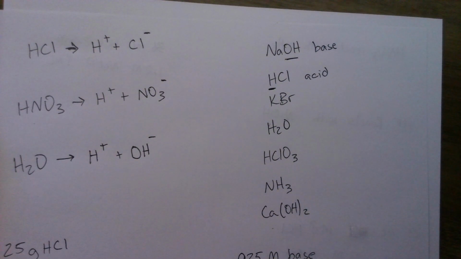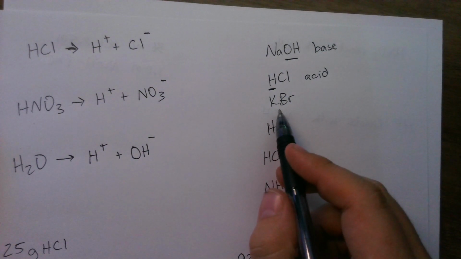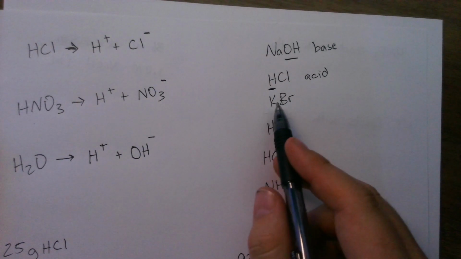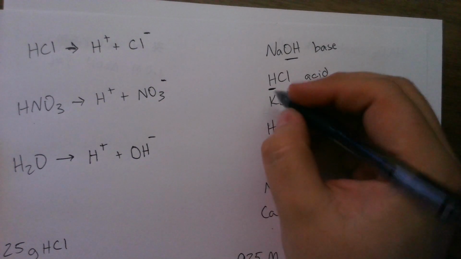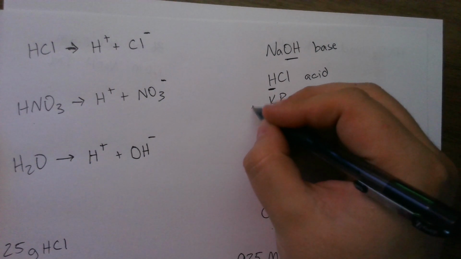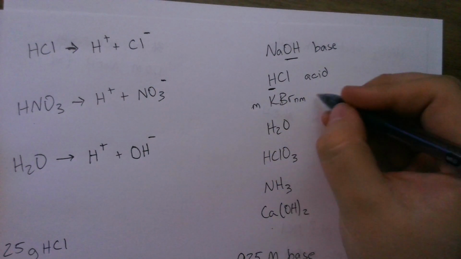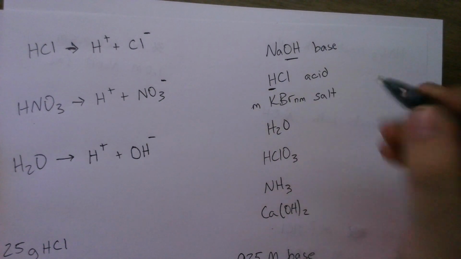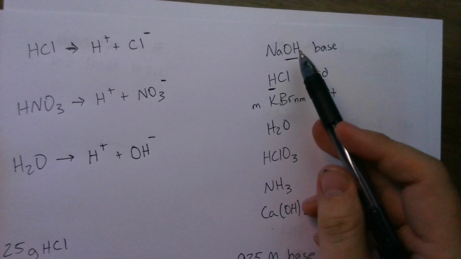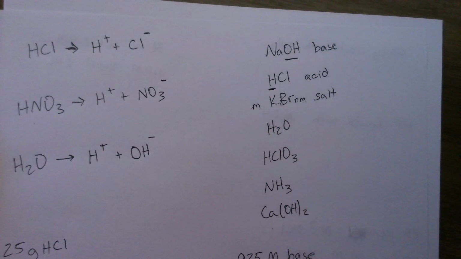Those are your number 2 indicators, and we intentionally write them this way. All right, KBr. This is a little bit weird. K is just a metal, and Br is just a non-metal. They're just mixing together. This is the definition of a salt. There's no hydrogen or hydroxide involved, so it can't be an acid.